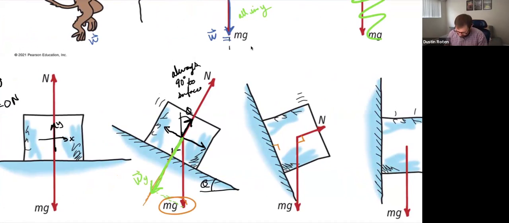We also have a blue piece in the x direction. So this weight vector now has the y component canceling out the normal force, and now it actually has an x piece. That's what's causing this block to start sliding down the ramp.